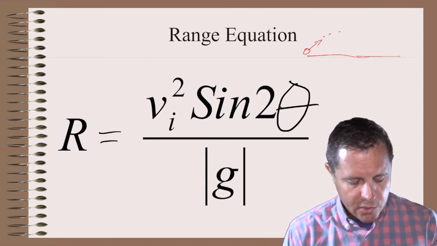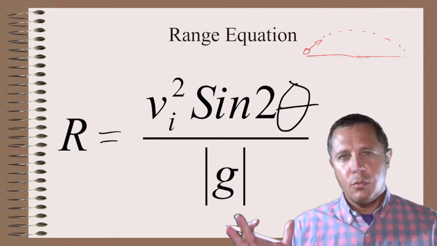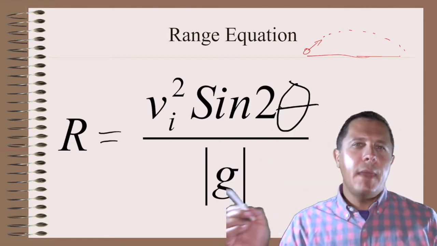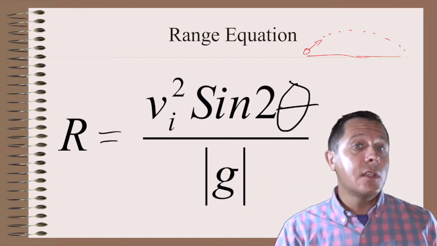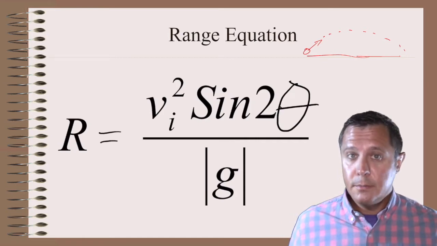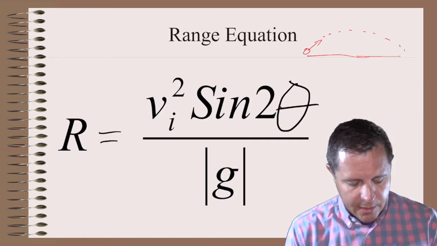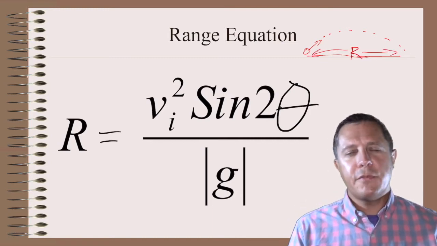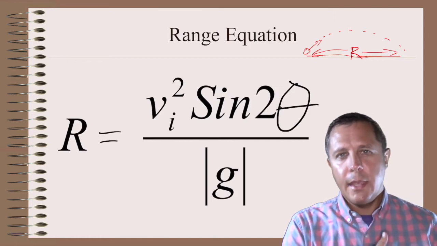So the range will be used when something goes up and comes back down and you have a nice symmetrical path. You cannot do this with something that's not symmetrical. So you have an object that's going to be fired. The range is the horizontal distance from where it was fired to where it hits the ground again.